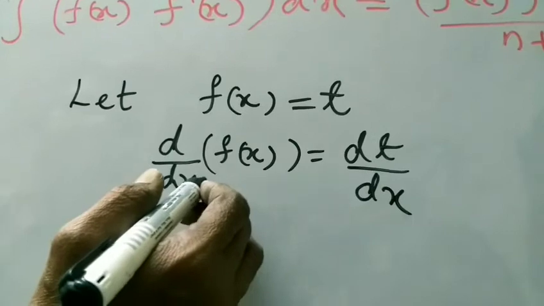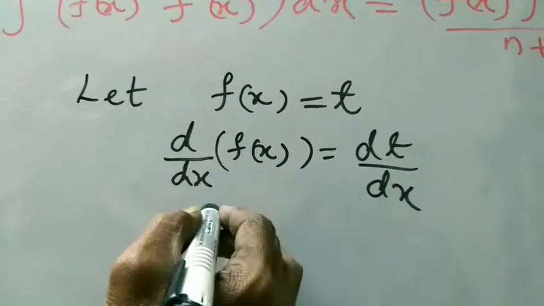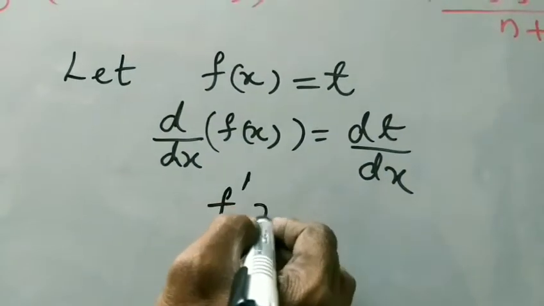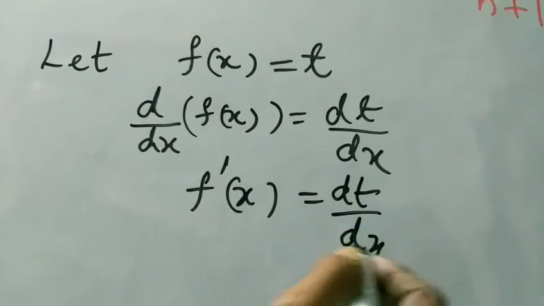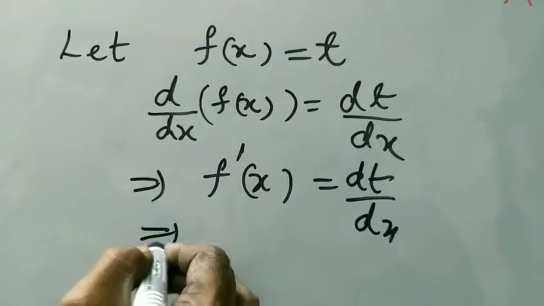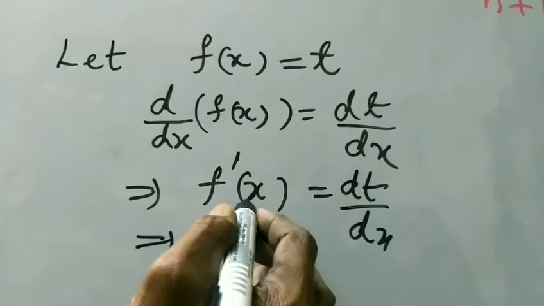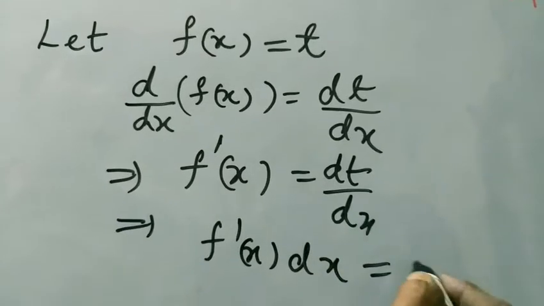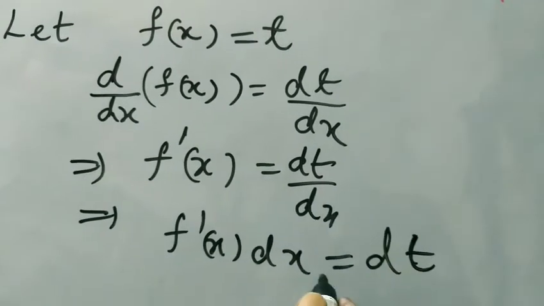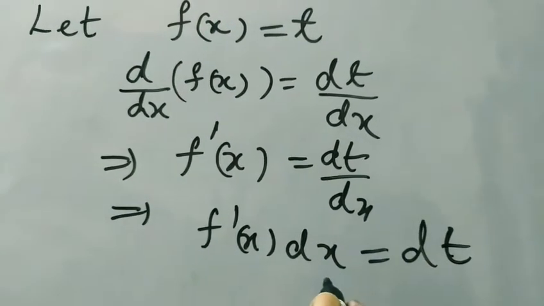So differentiation of f of x becomes f dash of x. f dash of x is equal to dt by dx, implies f dash of x dx is equal to dt. f dash of x dx is equal to dt.